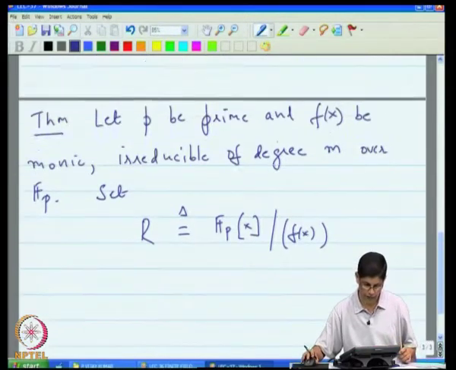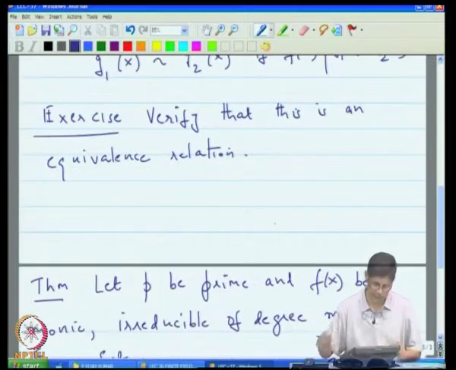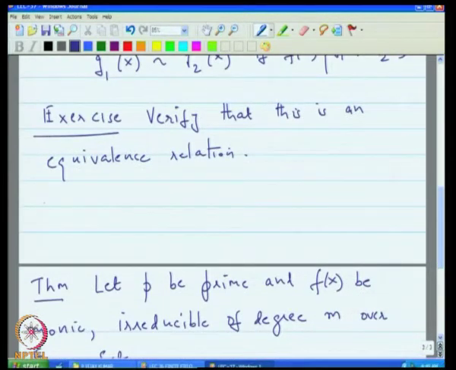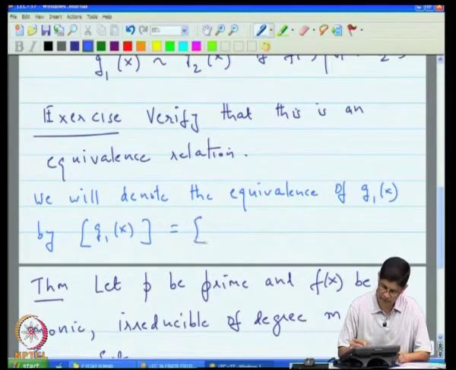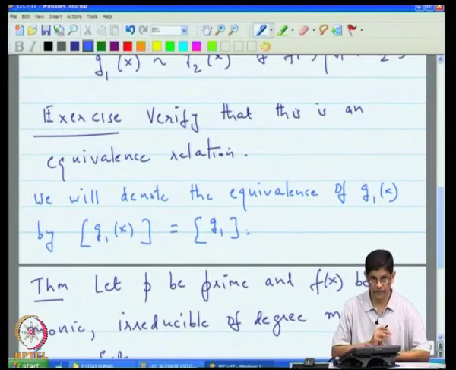Perhaps I should make a note here. We will denote the equivalence class of g1 of x by g1, and sometimes, perhaps out of sheer laziness or because it is not required, we will simply write this as g1 when the x is understood.